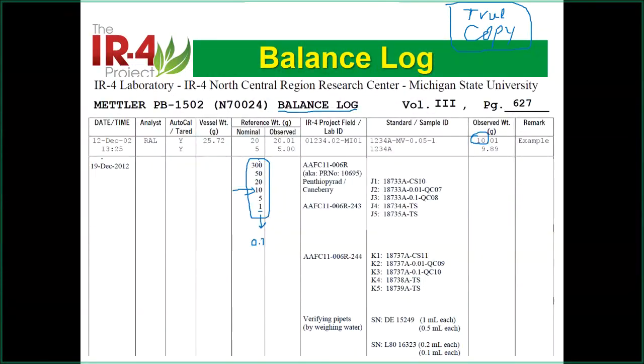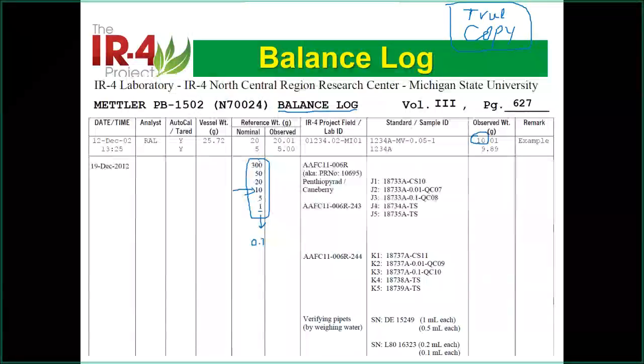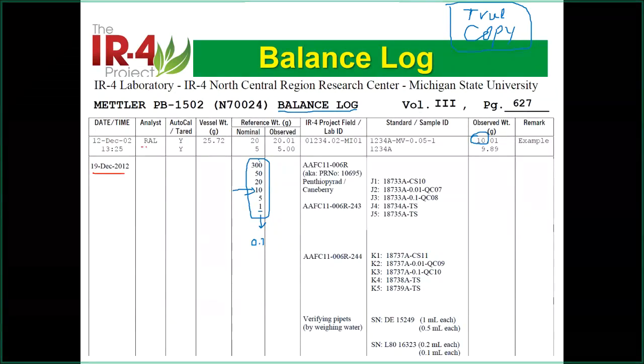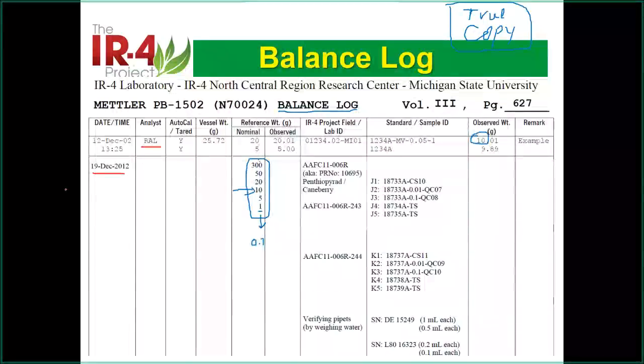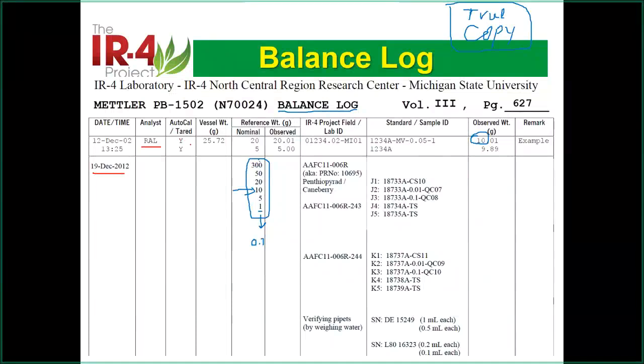So what we need here, let's read this one by one, and this is why this is important. Okay, so we need to know date and time, who did the work. You can say, on this date, this person did this work. And you did certain things about the balance.